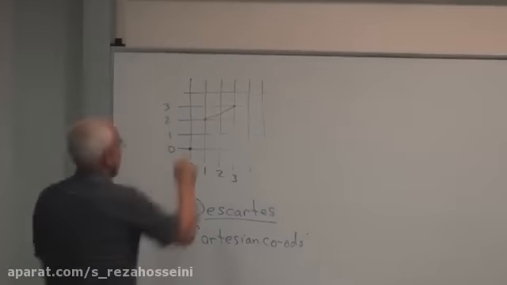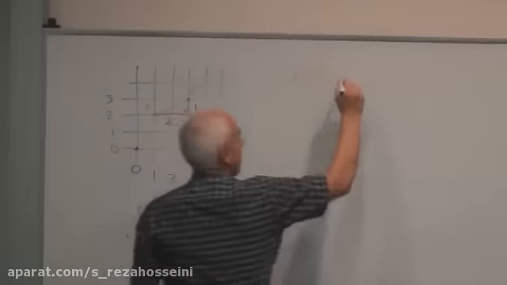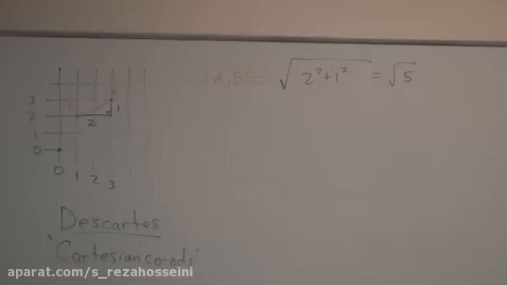We can use Pythagoras' theorem exactly to find that, because right here is a little right triangle, and it has side length 2 and side length 1 there. And so the length is going to be the square root of 2 squared plus 1 squared, which is the square root of 5. And calculating the square root of 5 is not an easy thing to do. Even if you use a calculator, you can still only get it approximately.